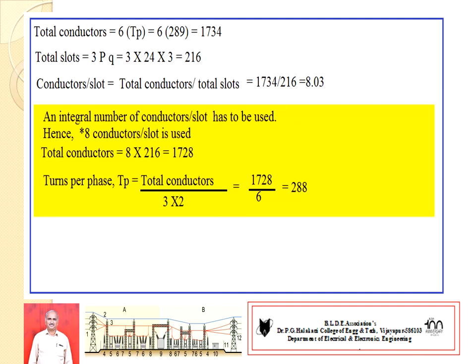We are going to get 8.03. That value we can take as an integer only. It should be modified to 8 conductors per slot. As per this value, total conductors again equals 1728. Then final turns per phase as per the new conductors: total conductors divided by 6, 1728 divided by 6, 288.